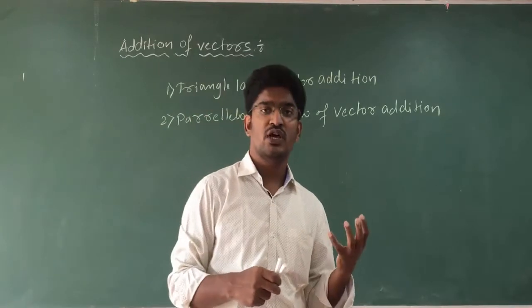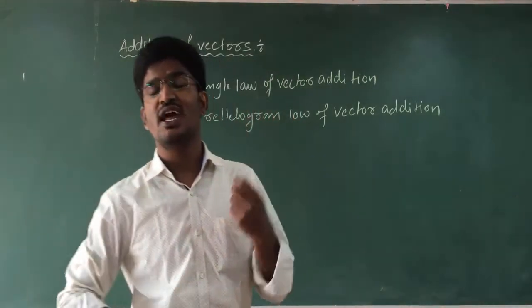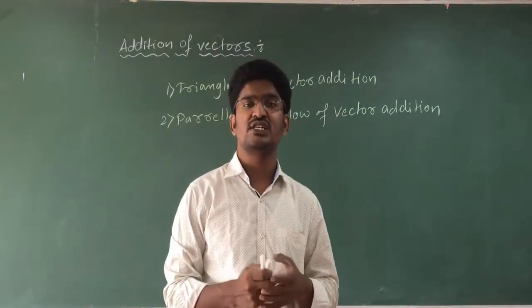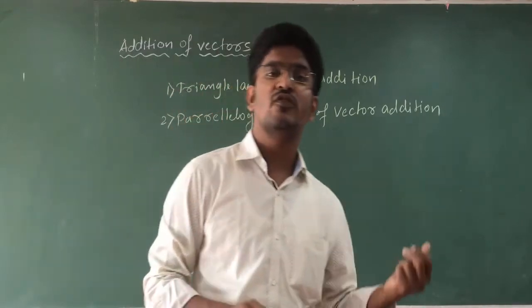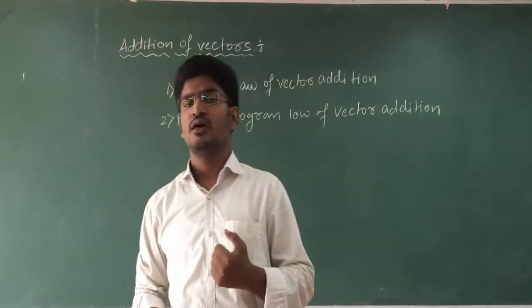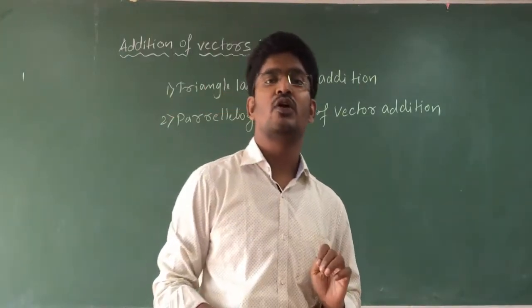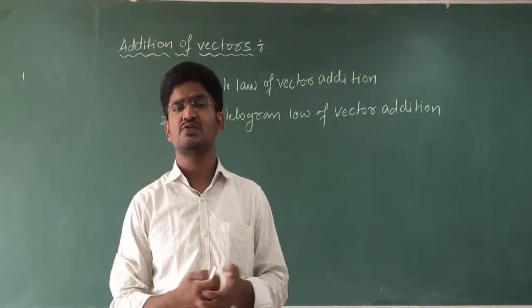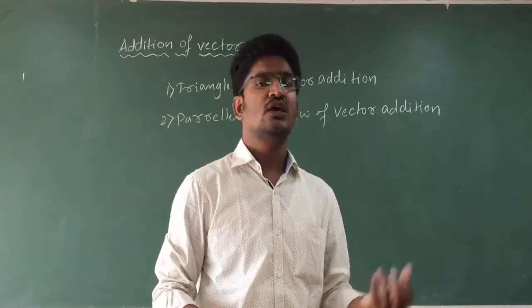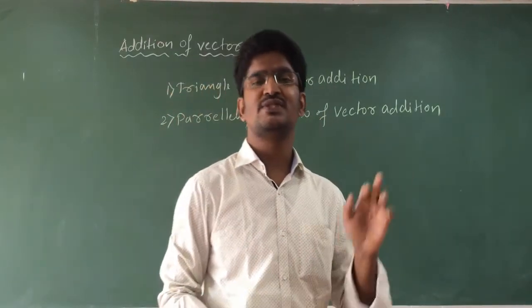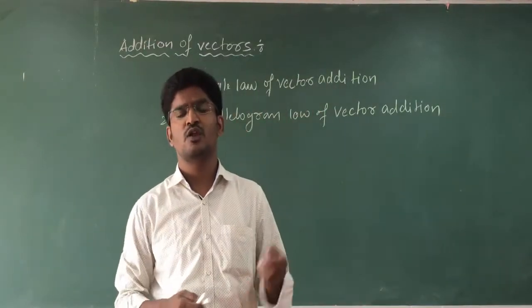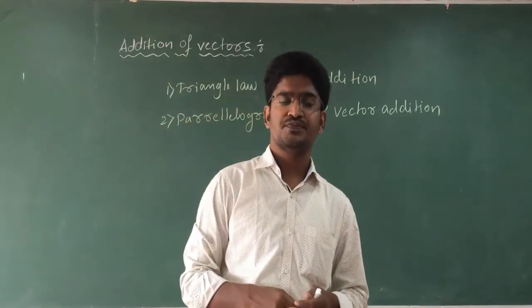Here we call it resultant more than addition. Both are the same. How to add two vectors is very important, and how to subtract is quite common. If you know the addition, then the subtraction will also be very simple.